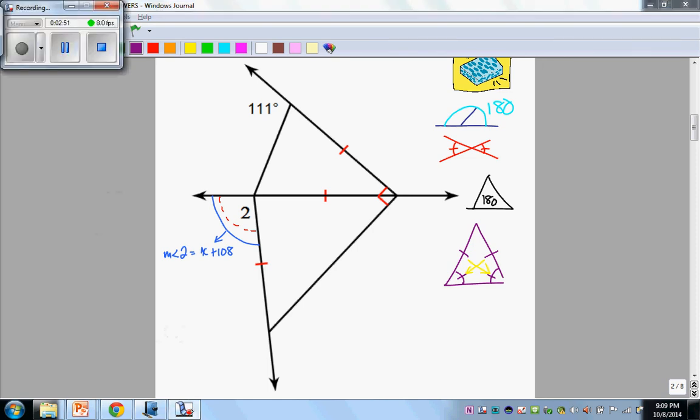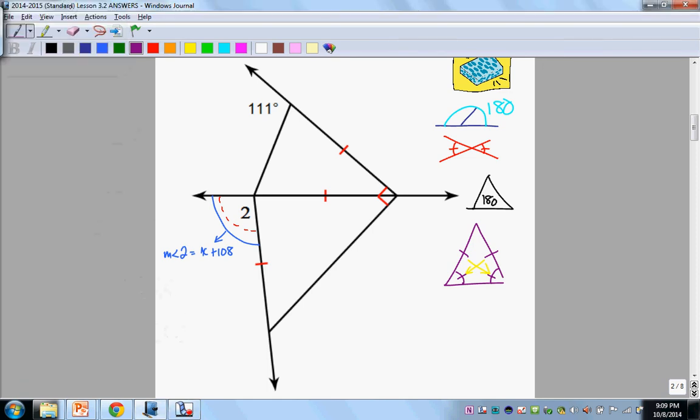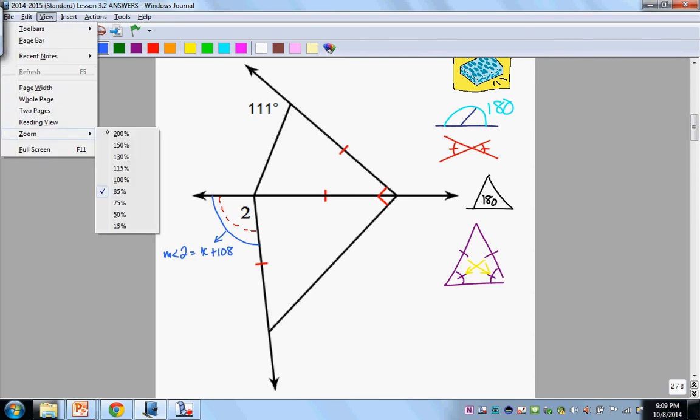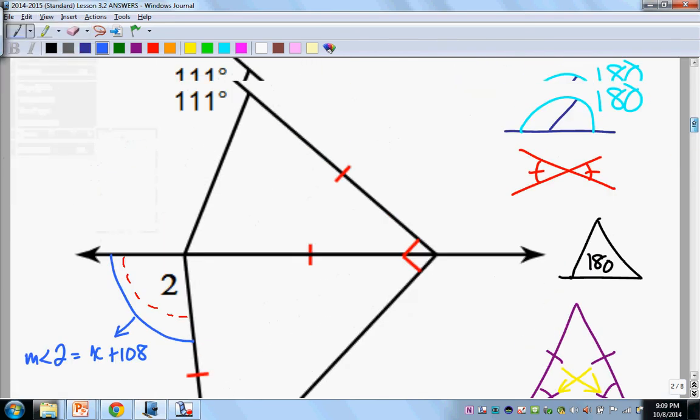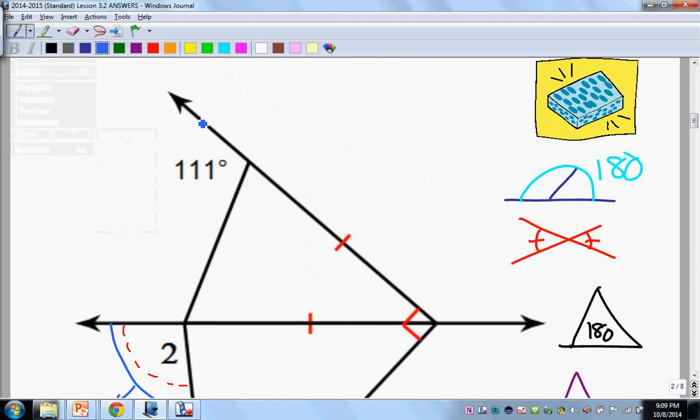So applying that here, we want to find every angle possible. We're going to always start with what we have. Don't have your eyeballs focused on 2. Always start with what you have. And we have right here a linear pair. So this adds up to 180.